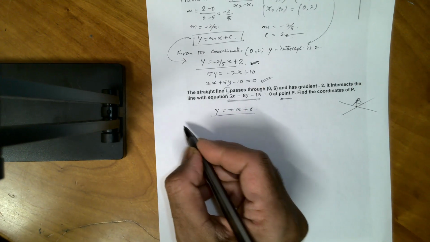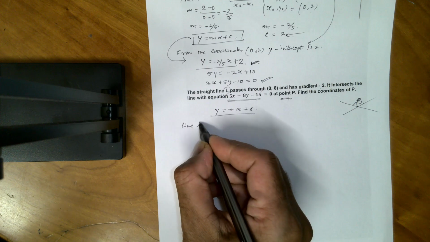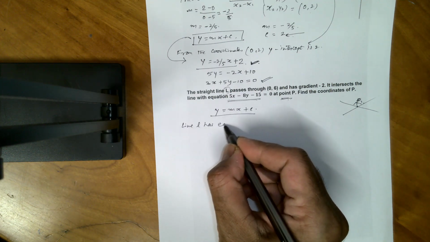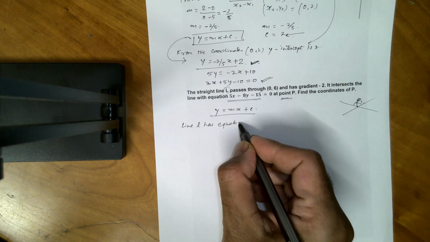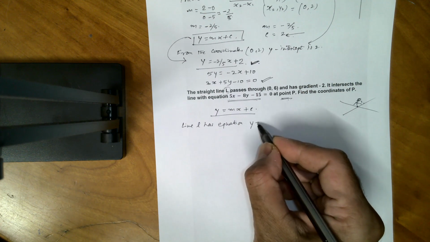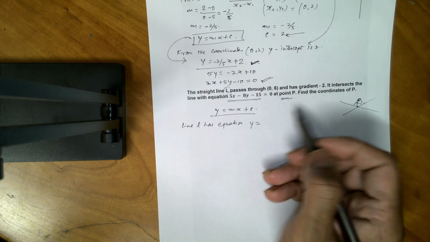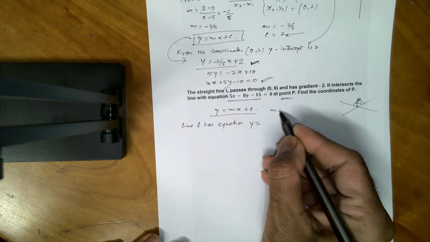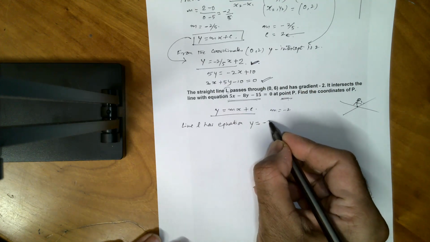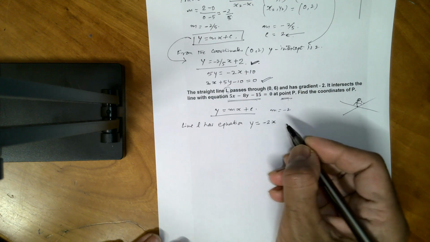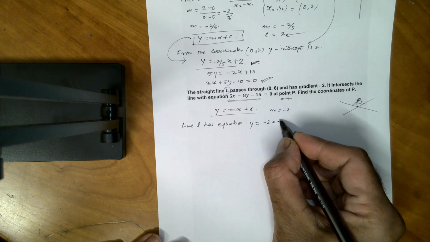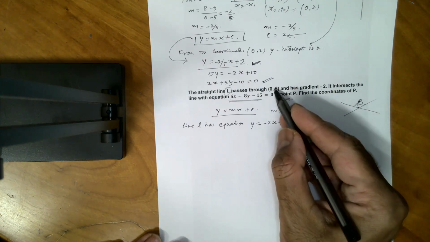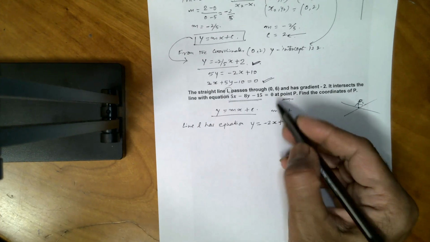Then from what has been given to you here, we write down line L has equation y equal to, so what is your gradient? It is -2. So what is your m here? Your m here is -2. So you write down -2x plus, it passes through 0, 6, so you know the 6 is your c here.